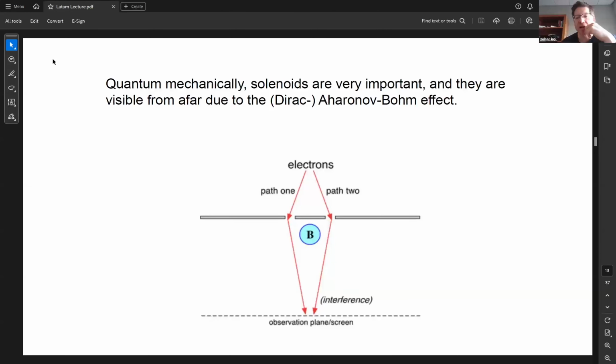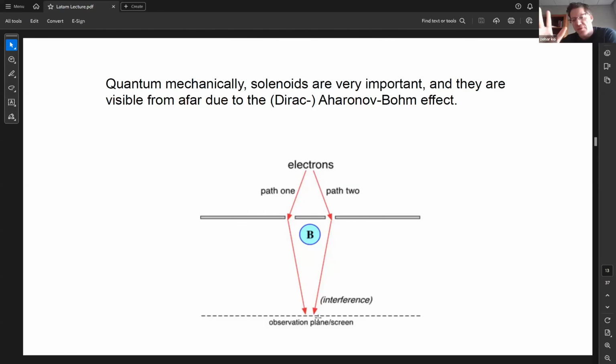Now I'm going to remind you about why solenoids lead to long-range quantum effects, even though classically they are very innocuous. Quantum mechanically, solenoids which carry some magnetic flux through them, this is the blue circle here, are very important because when electrons go around one way versus the other way, you get some modification of the double slit experiment.